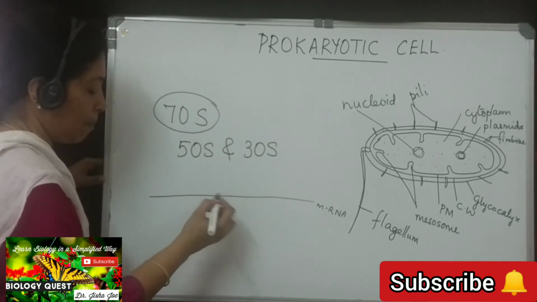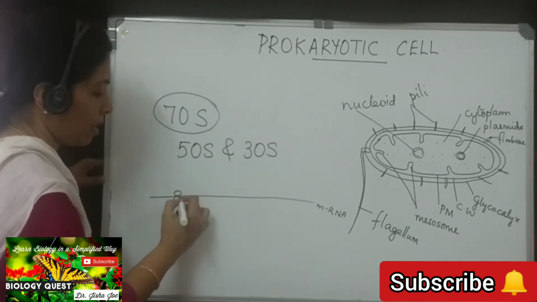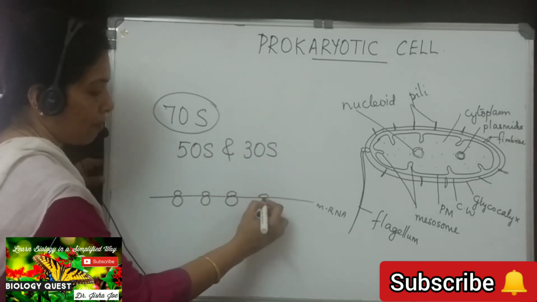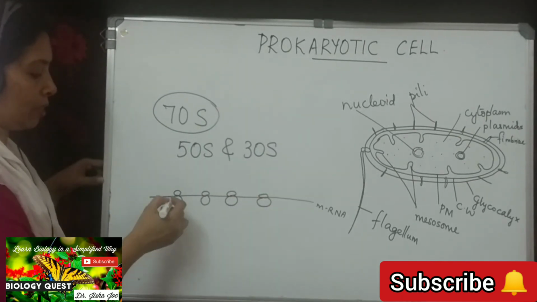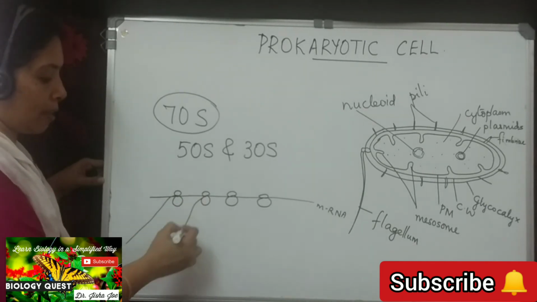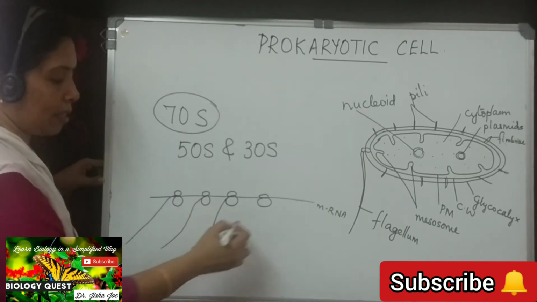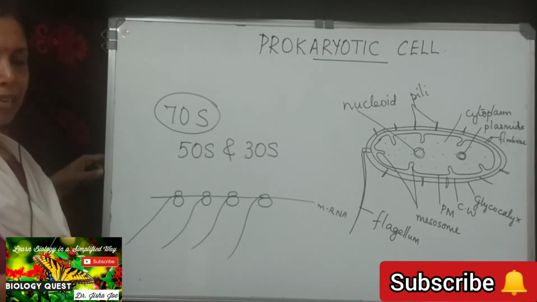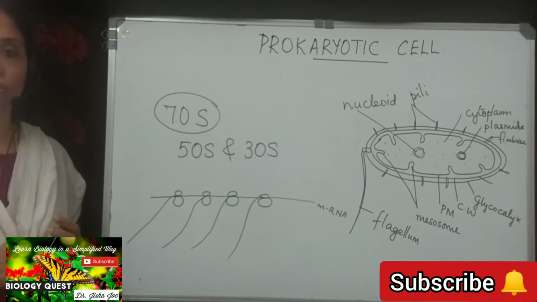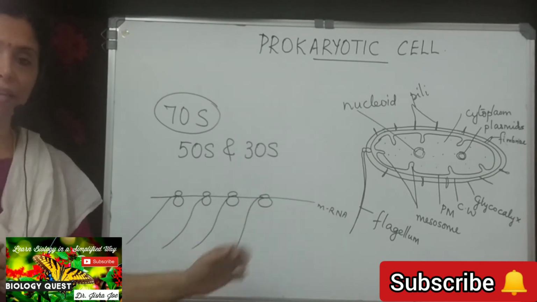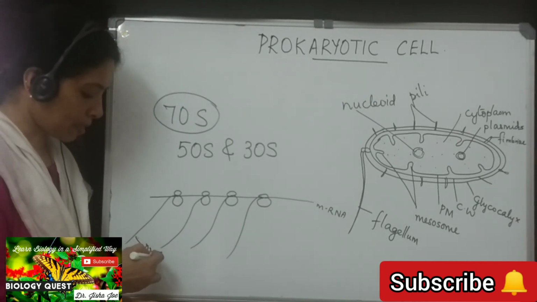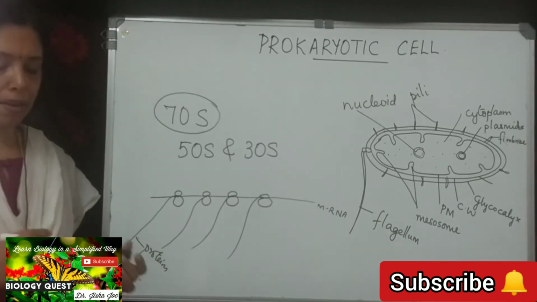On the mRNA, you can see several ribosomes attached like that, each synthesizing a protein. Such a long chain, in which several ribosomes are attached to a single mRNA. These are proteins that are being synthesized from the mRNA.